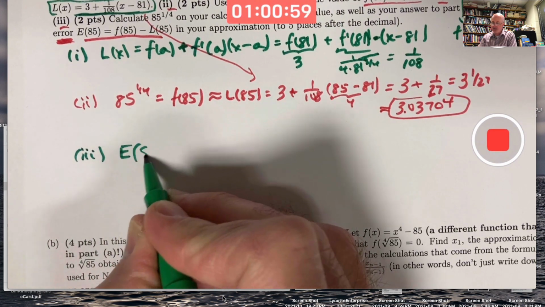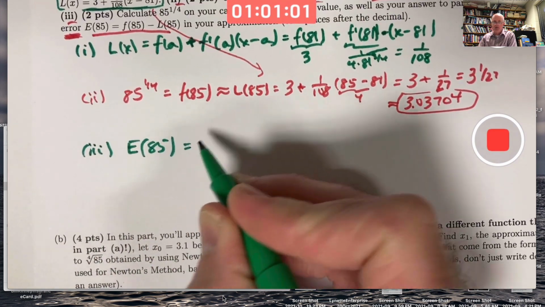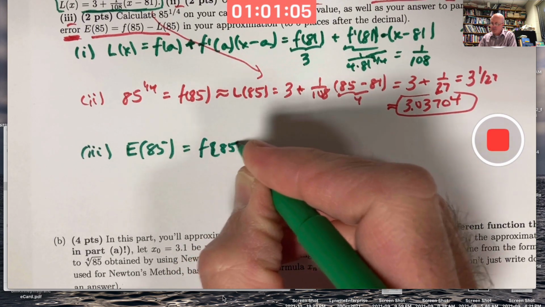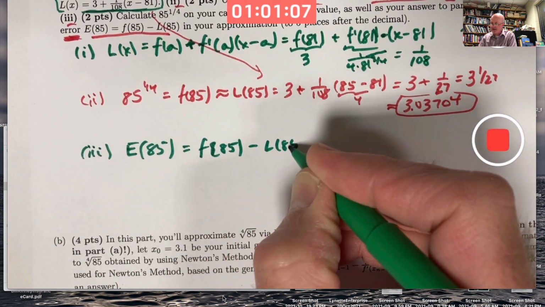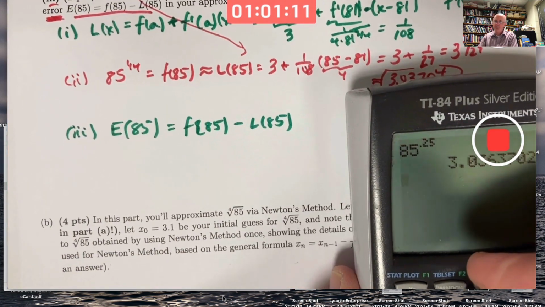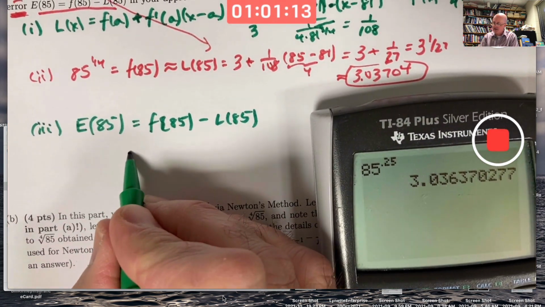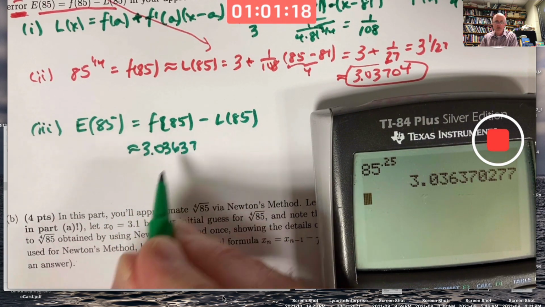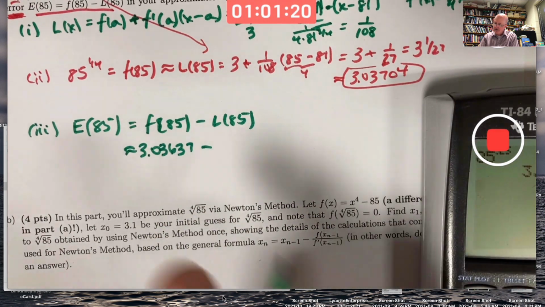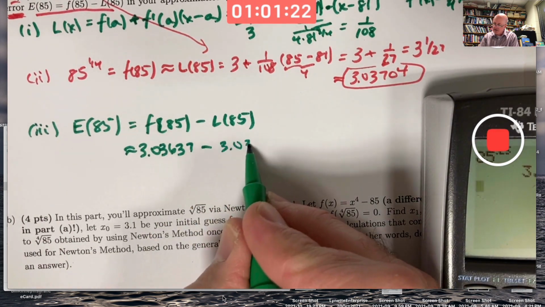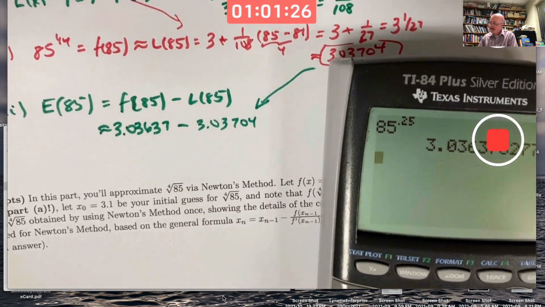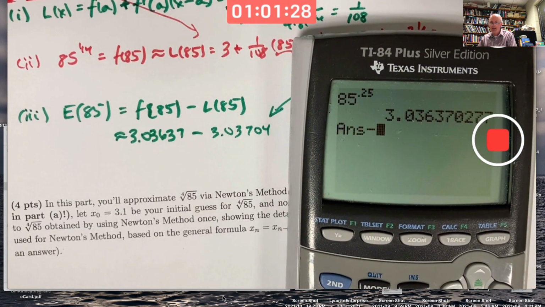E of 85, the error when x is 85 is the actual value minus the approximate value. Of course, the calculator is giving you an approximation as well. But this is going to be approximately 3.03637 minus 3.03704 from the approximation. And that's going to be a negative error. And that's okay.